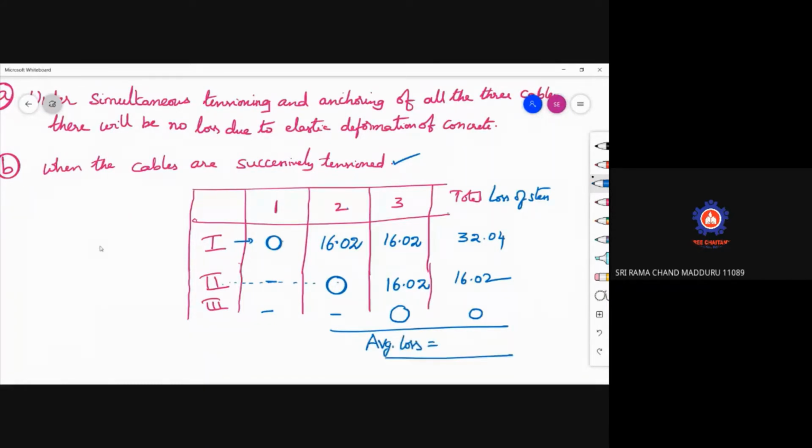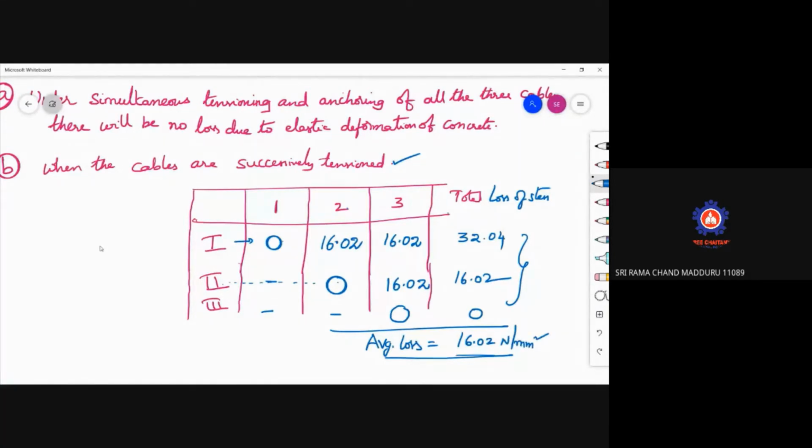Average loss is nothing but the summation of the total loss of all, so these three things will be added and divided by 3. So total loss by 3. So 32.04 plus 16.02 by 3, you will get it as 16.02 Newton per mm square.